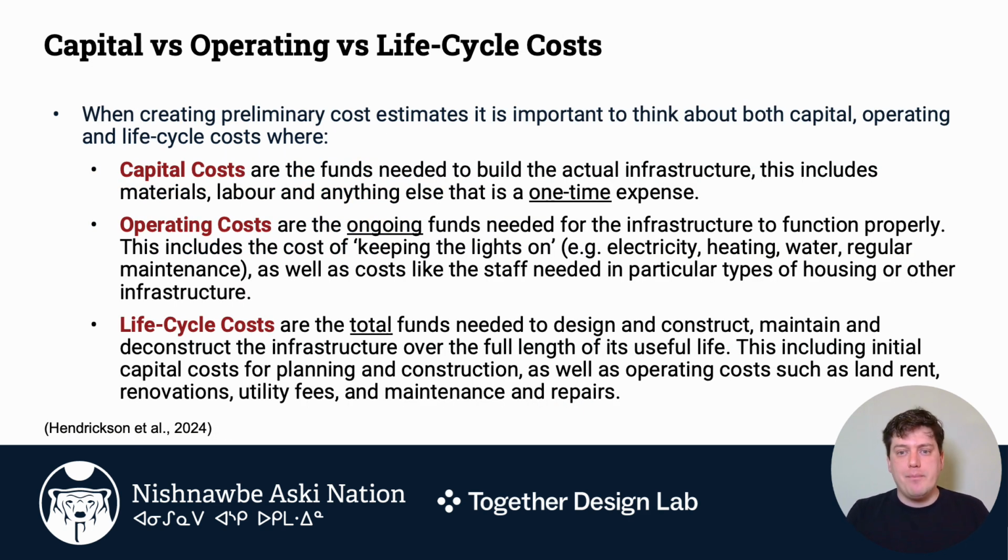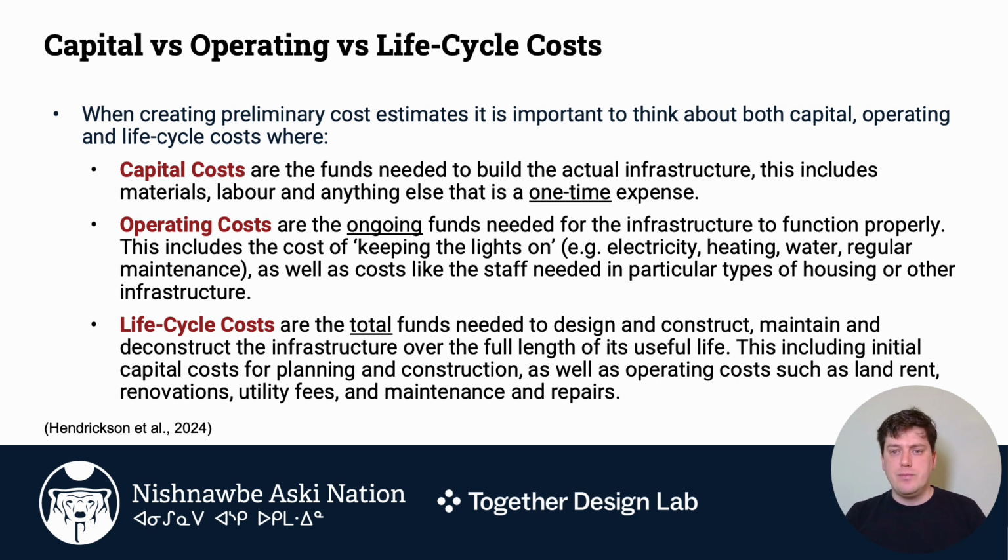A final note on budgeting at this preliminary stage, and this isn't totally related to your preliminary cost estimate, but is maybe something to keep in mind as you're making decisions that are going to impact cost. There are 3 different types of costs that we're showing on screen here: capital costs, operating costs, and life cycle costs.